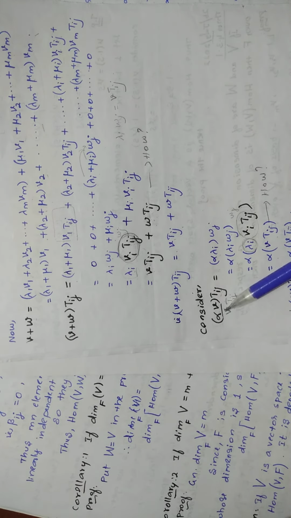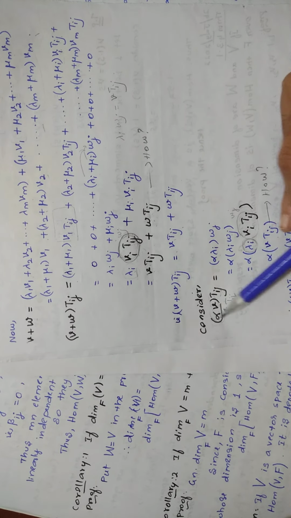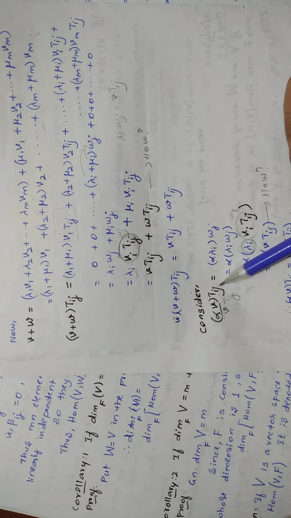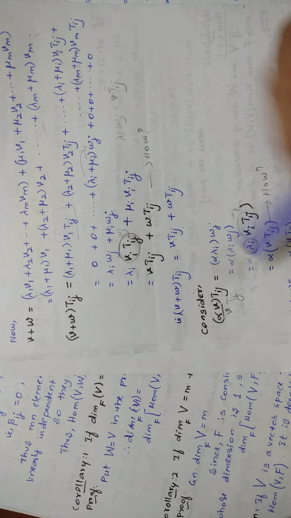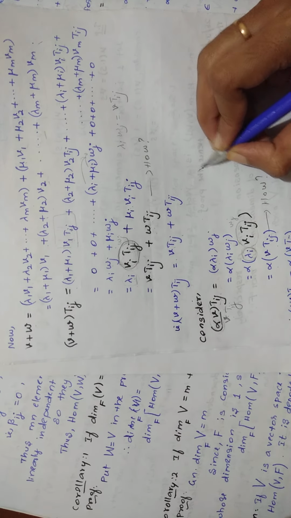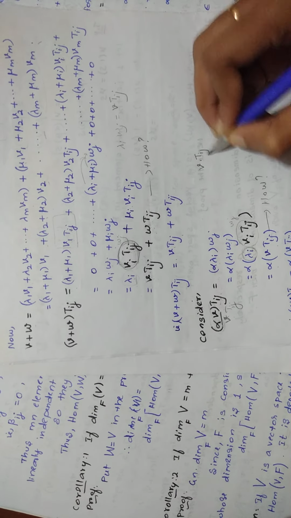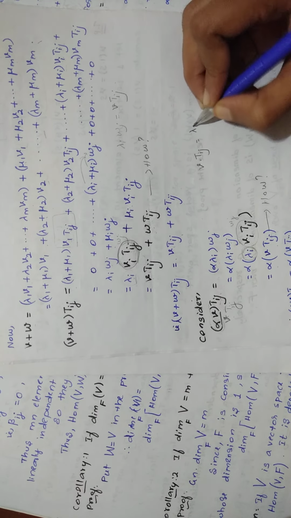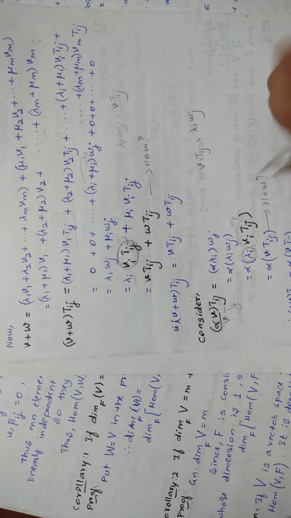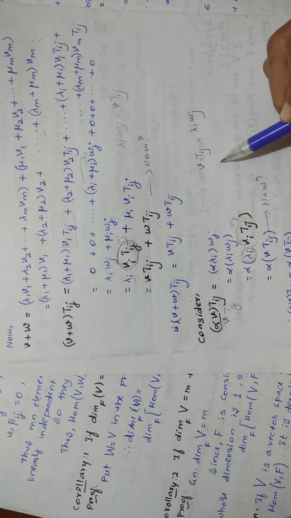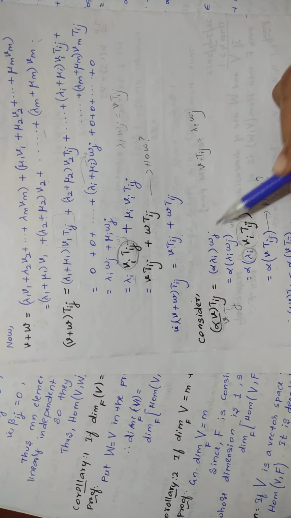Consider the left hand side, alpha v of Tij is equal to alpha lambda i wj. That is, you have to consider this is v and this is Tij. Okay, v Tij means you can write from our condition, we have v into Tij is equal to lambda i wj. Am I right? Yes.